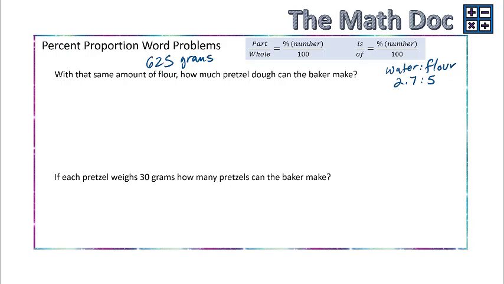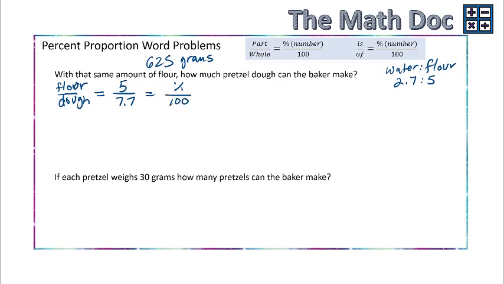Well, if we have 2.7 to 5, that's the ratio of water to flour. We're looking for the ratio of flour to dough, and we will just add up the flour and water to get the size of the dough. So here we have the flour to dough, and this is our part to whole, equals the flour is 5, and the dough is just 5 plus 2.7, that's 7.7. And that should equal the percentage in number divided by 100.